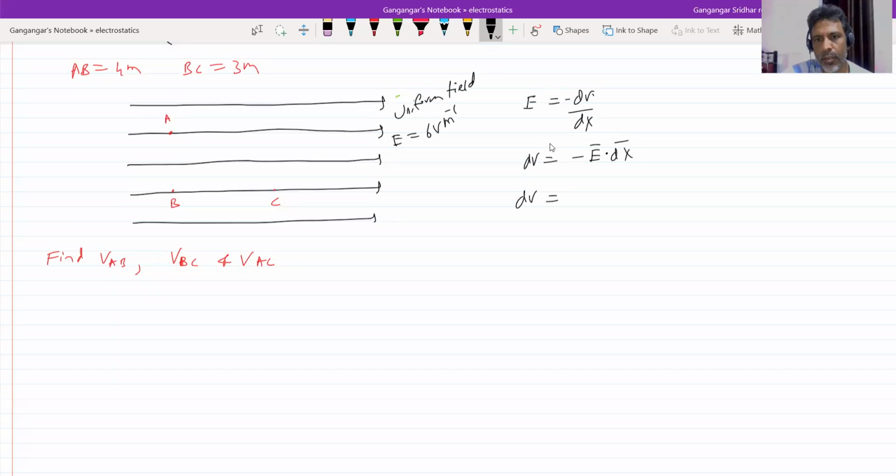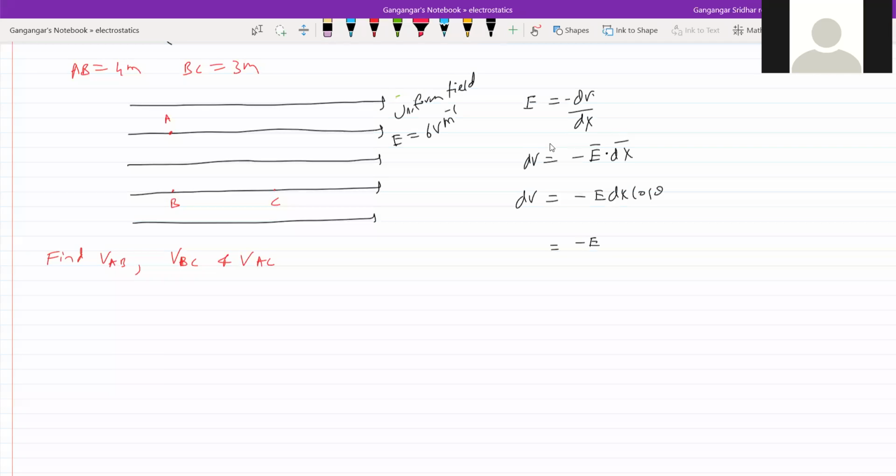E you are going to take outside the integration. So this will be minus E dx cos theta. So the first one will be 0. Yeah, fine.